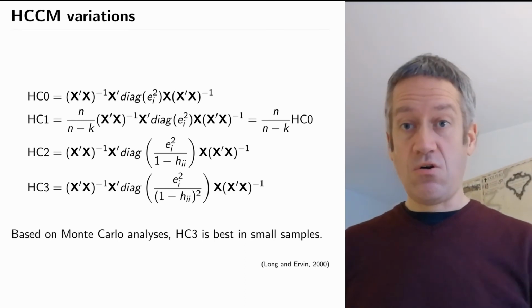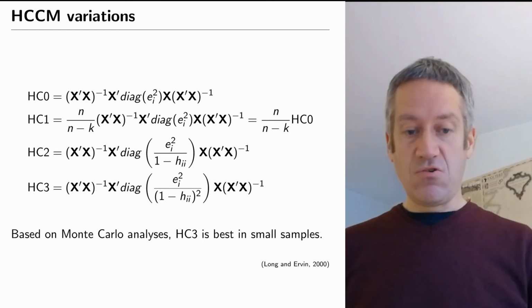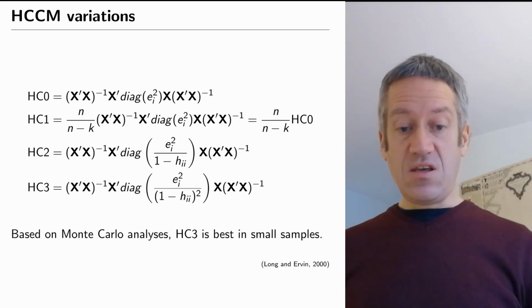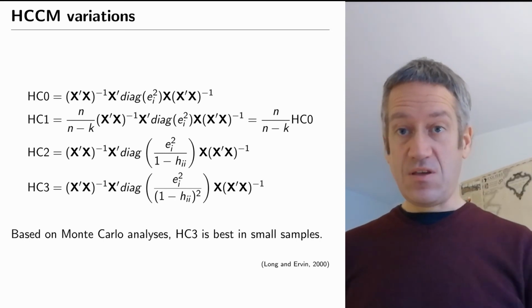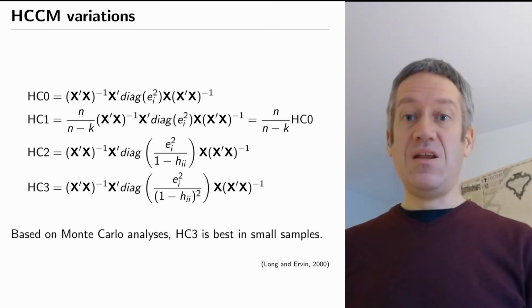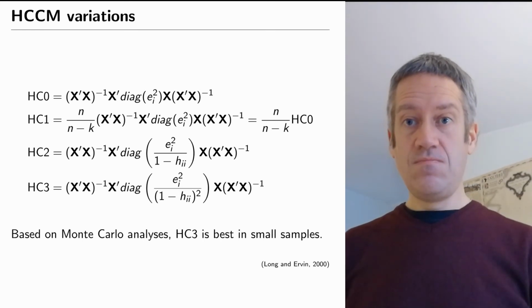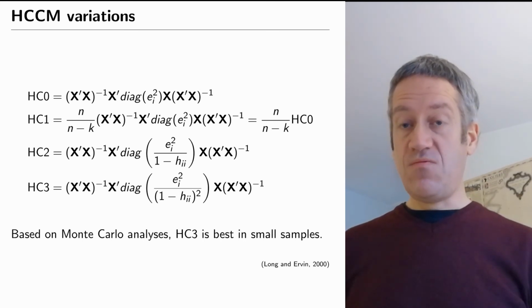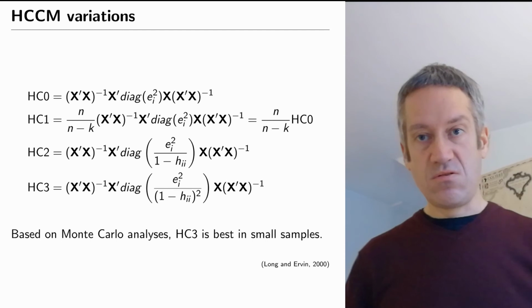We know what is the cause of this deviation, so we can also correct for it. So HC2 in this example does exactly that. It takes the squared residuals, but then divides by 1 minus the leverage to correct for that difference between the variance of the residuals and the variance of the errors, sigma squared.